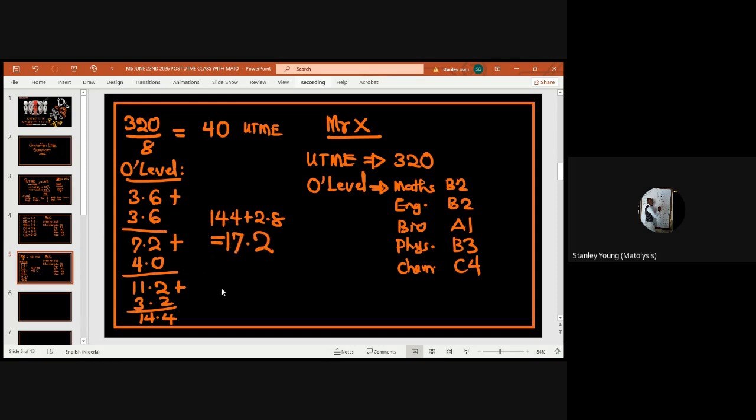So currently, Mr. X has his UTME aggregate equivalent to 40 over 50, and his O-level aggregate is 17.2 over 20.